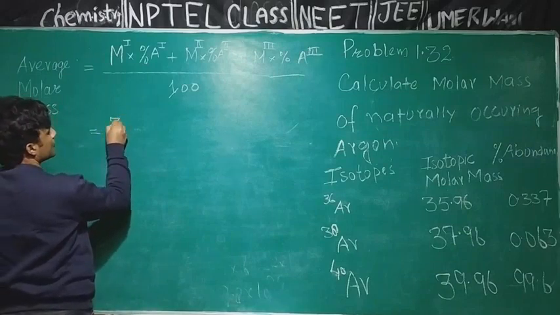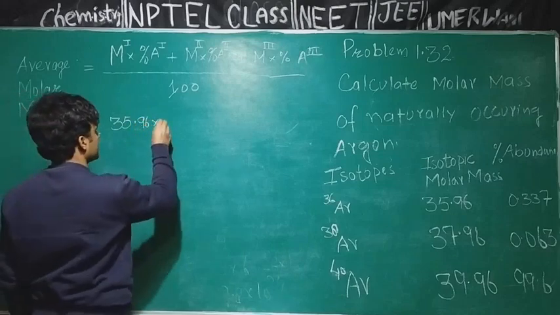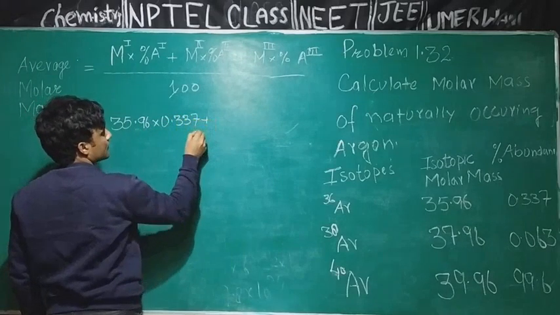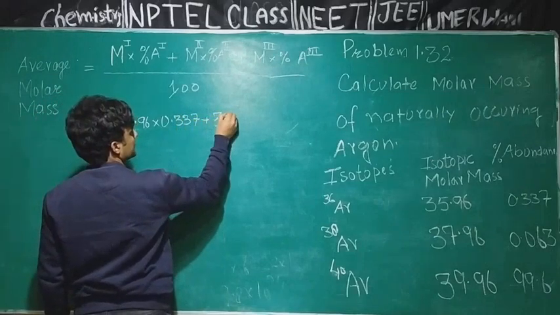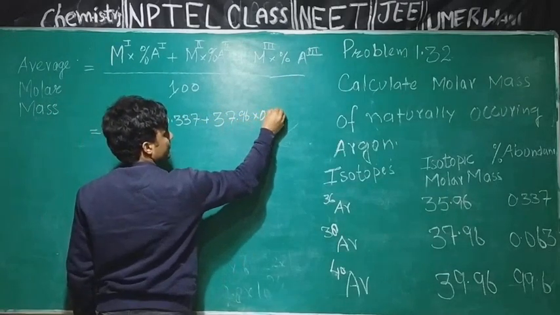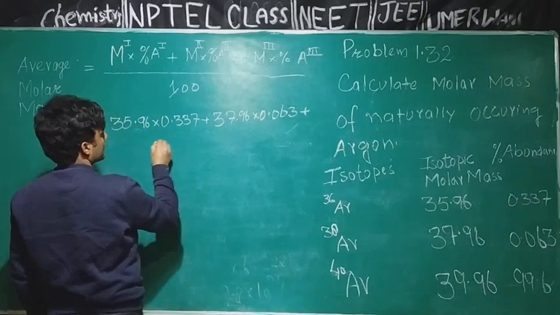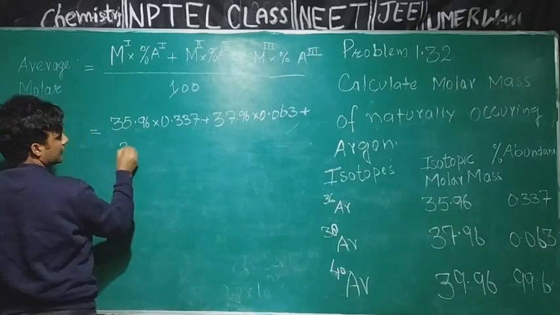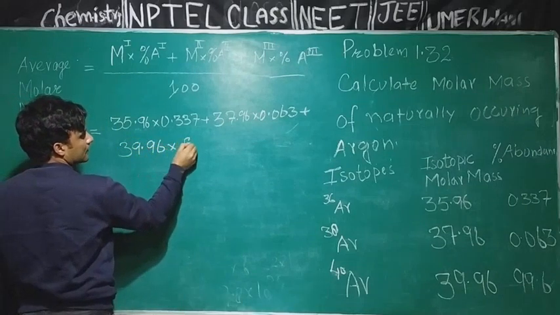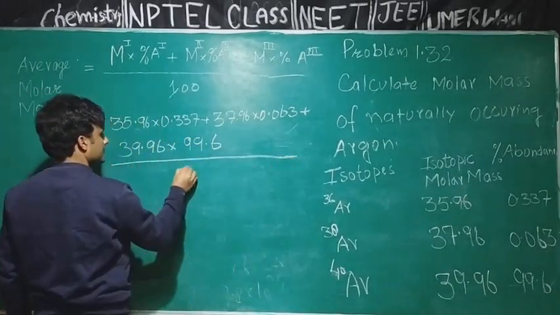For isotope first, molar mass is 35.96 multiplied by its percentage abundance, that is 0.337, plus molar mass of second isotope, which is 37.96 multiplied by its percent abundance 0.063, plus molar mass of third isotope 39.96 multiplied by 99.6, and this I have to divide by 100.